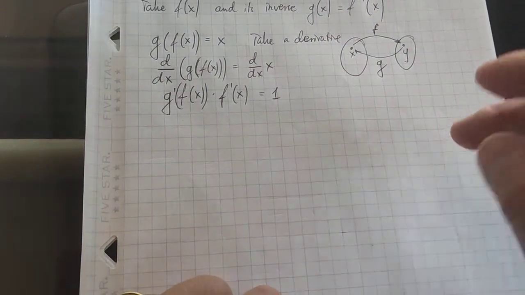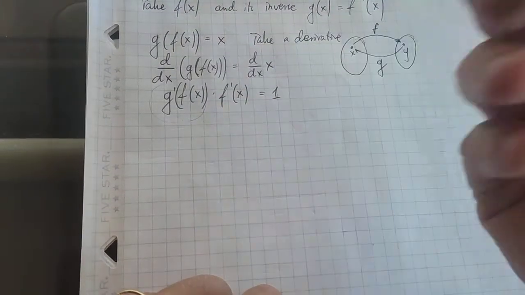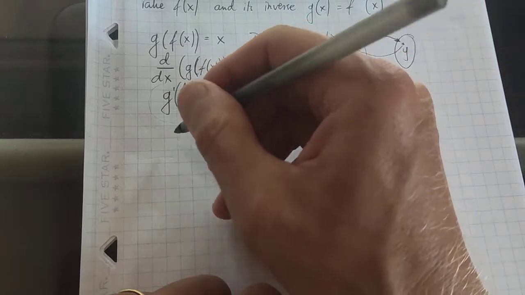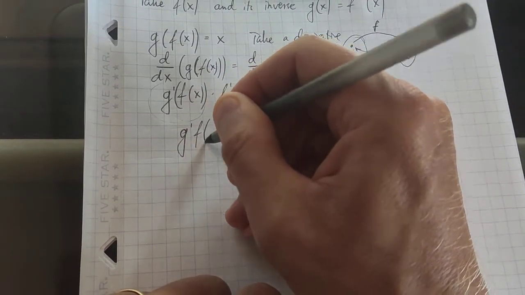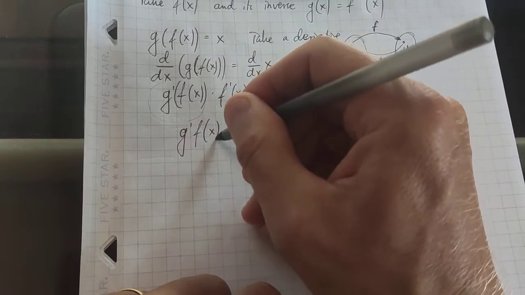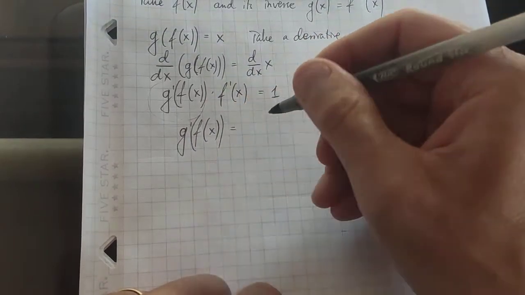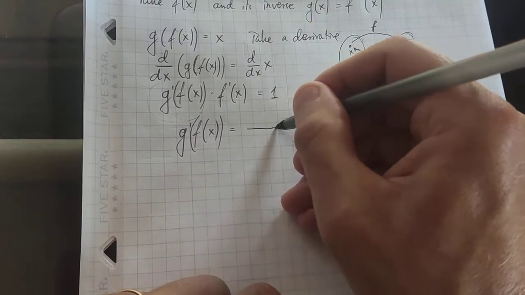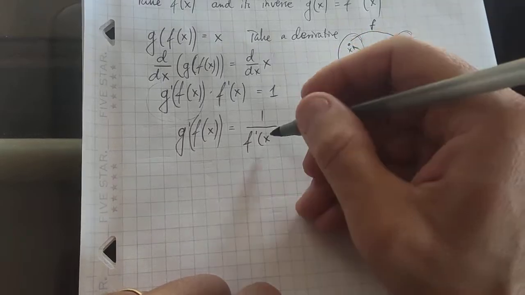So here is what we're looking for: the derivative of the inverse of f of x. We're going to solve for it. So g prime of f of x times f prime of x equals 1, and divide by f prime of x, and I get 1 over f prime of x.